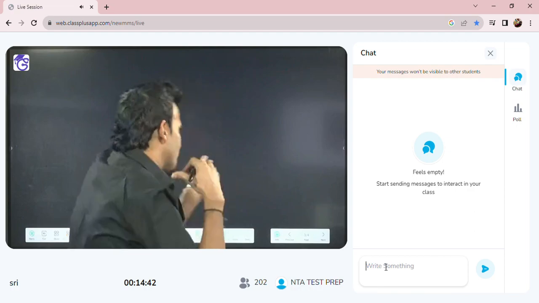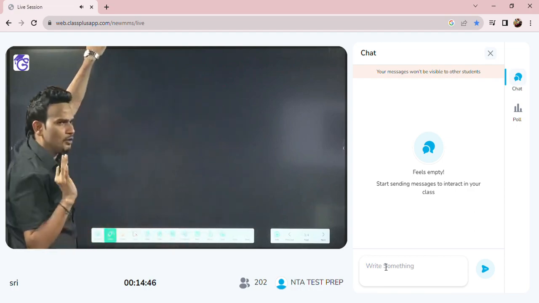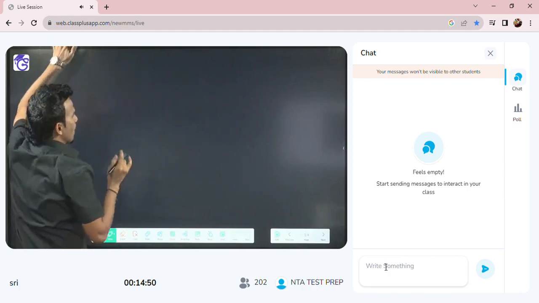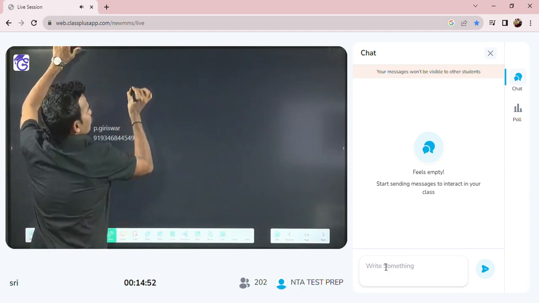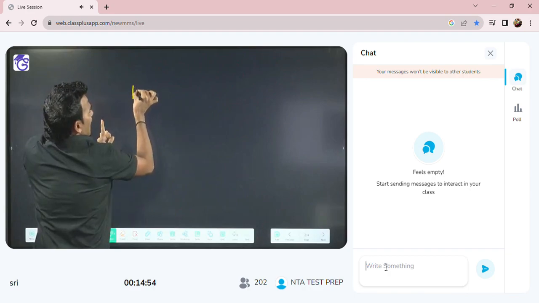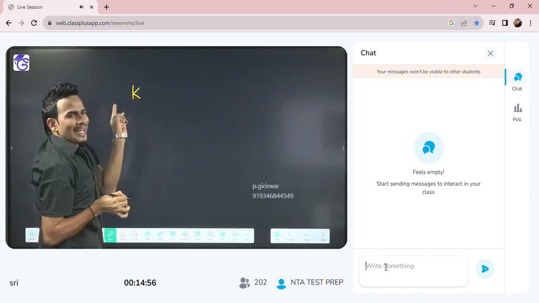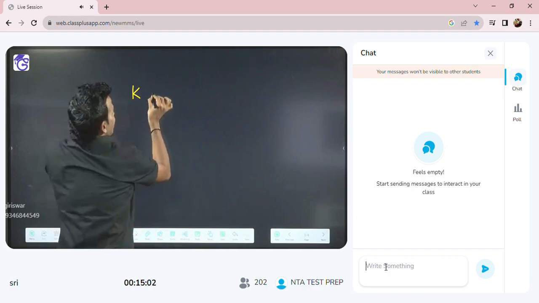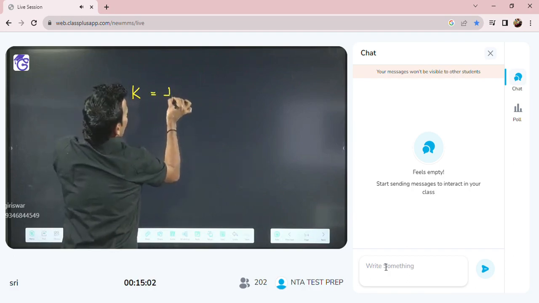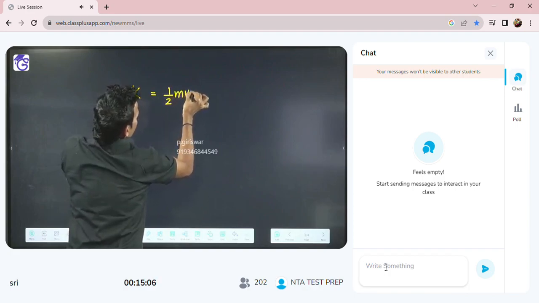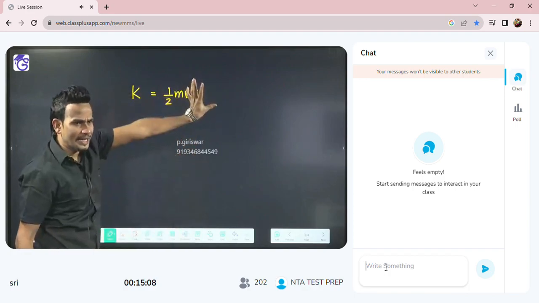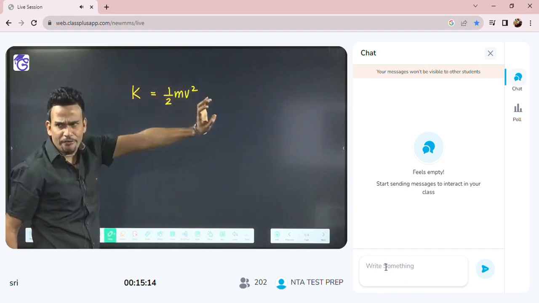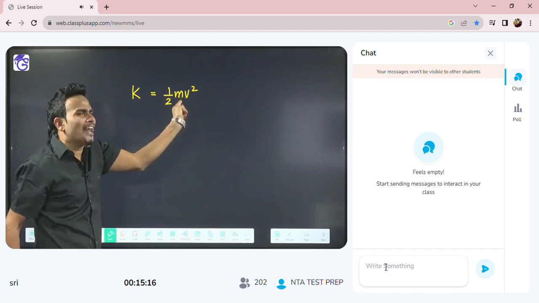So always remember, due to motion, every body has one energy. That energy we represent as kinetic energy K, and this K is equal to half m into v square. Whenever any body of mass m moves with speed v, always remember v is not velocity.